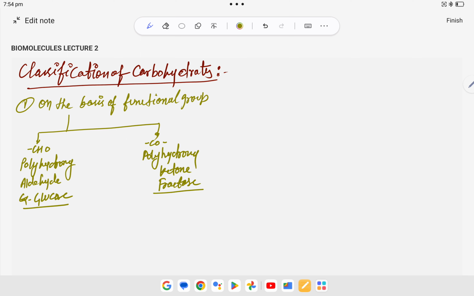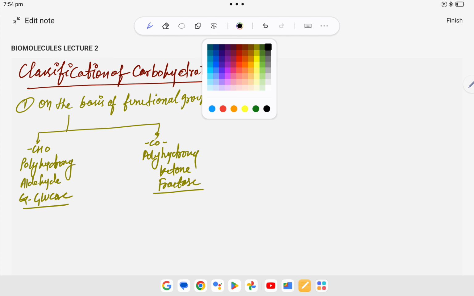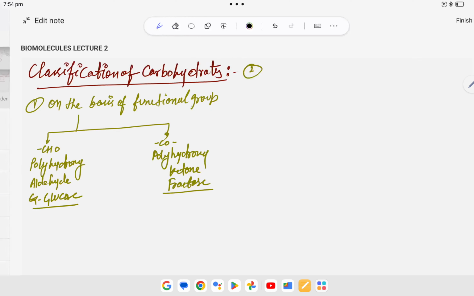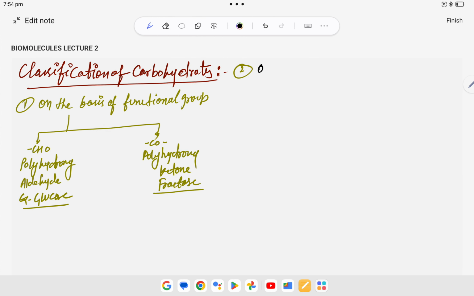Okay. Second classification is on the basis of reducing nature.